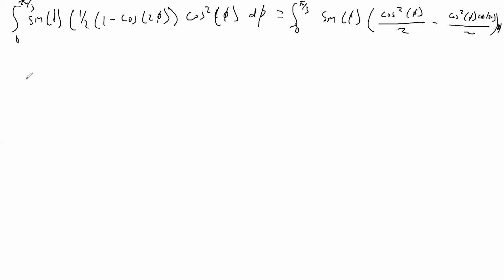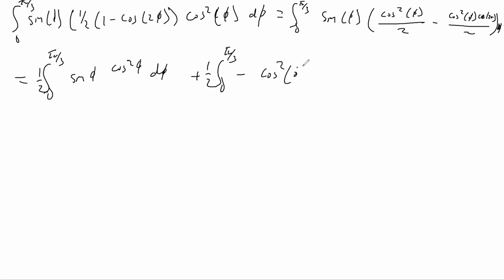I'm just going to split this up into two different integrals. From 0 to pi over 3 of sine phi cosine squared phi times 1/2 d phi, plus the integral from 0 to pi over 3 of minus 1/2 cosine squared of phi and then cosine of 2 phi d phi.